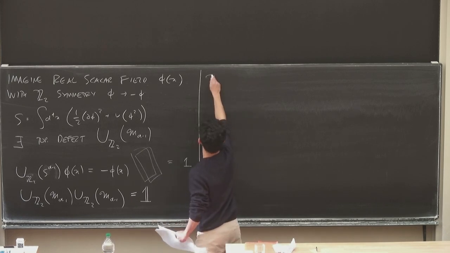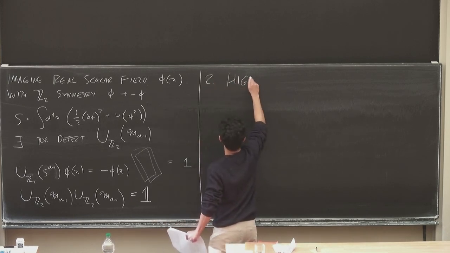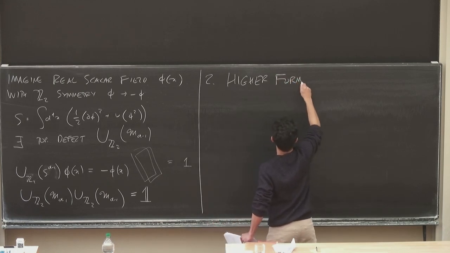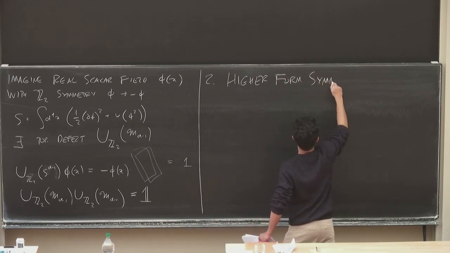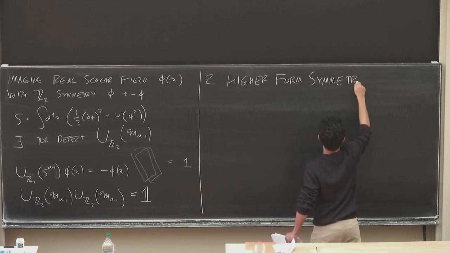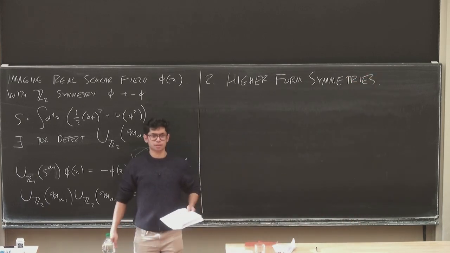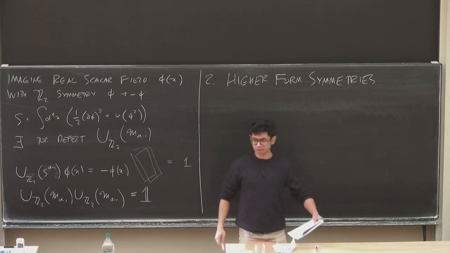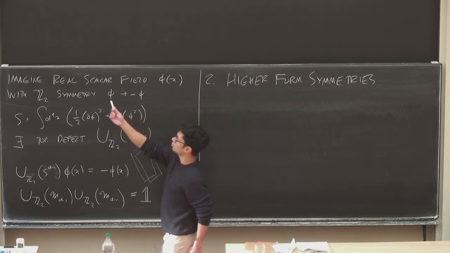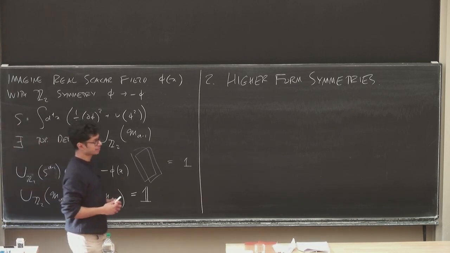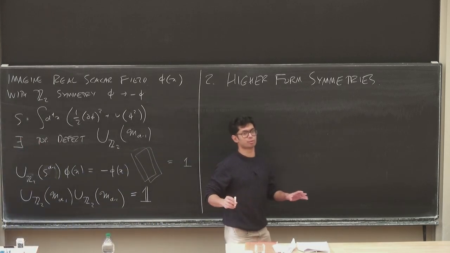Okay. So this is chapter 2. Okay. So the basic idea is once we realize that global symmetries are associated with topological objects in a theory, we can generalize this in many different ways.